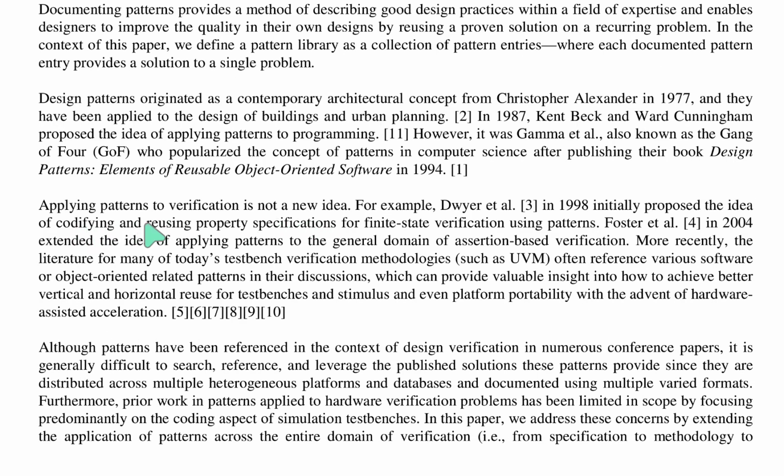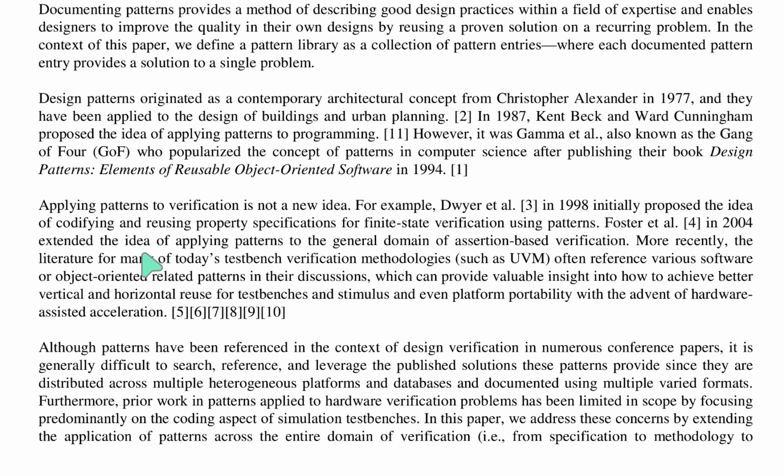Applying patterns to verification is not a new idea. For example, Dwyer et al. in 1998 initially proposed the idea of codifying and reusing property specifications for finite-state verification using patterns. Foster et al. in 2004 extended the idea of applying patterns to the general domain of assertion-based verification.